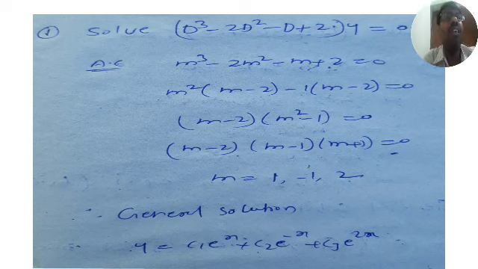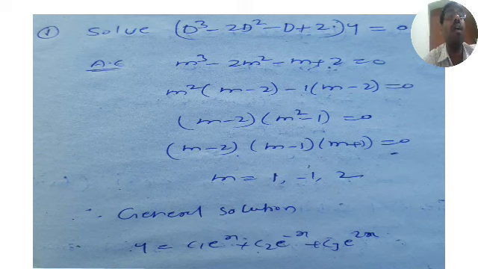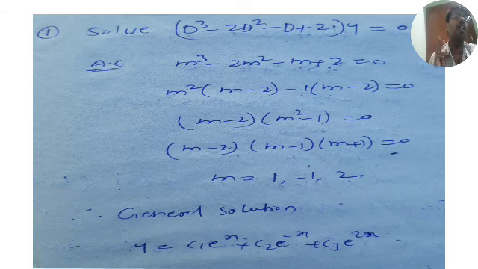Order of the given differential equation is its highest order derivative present in that. What is that? It is D cube, D power of 3. Therefore, the order of the given differential equation is 3. So, how many roots will you get? You will get 3 roots, as the order is 3. Are you getting?